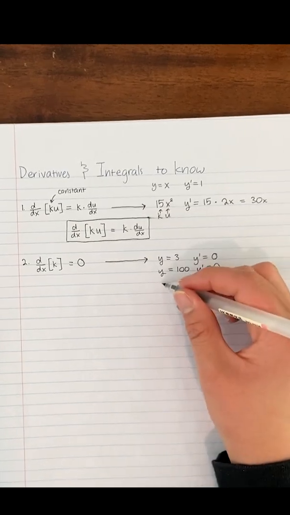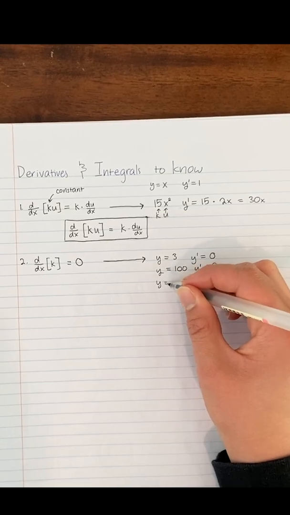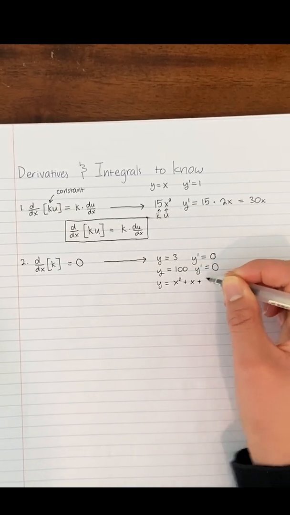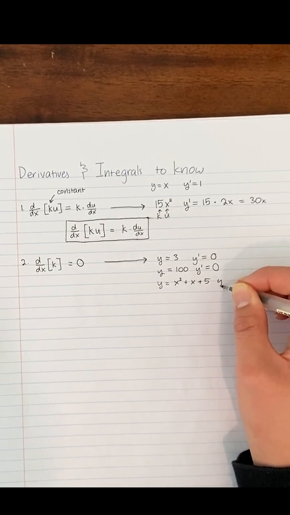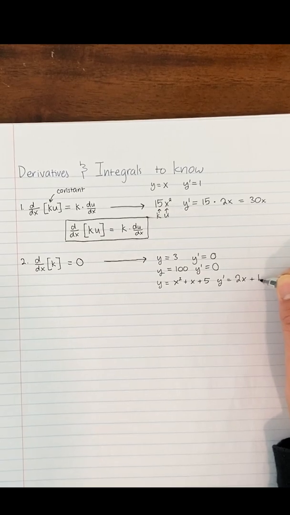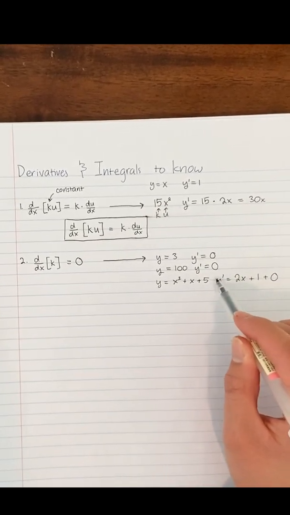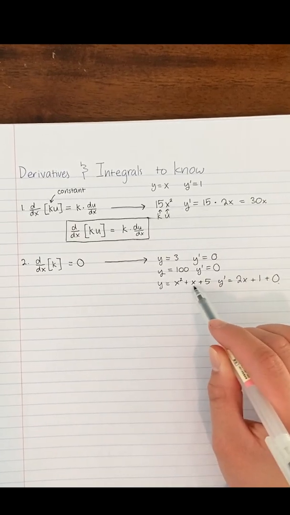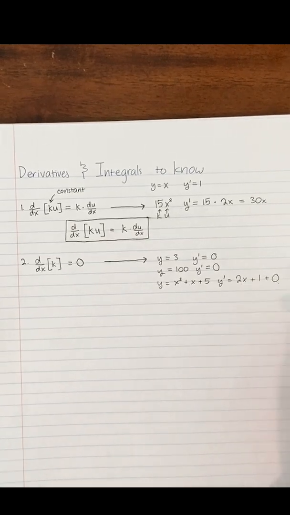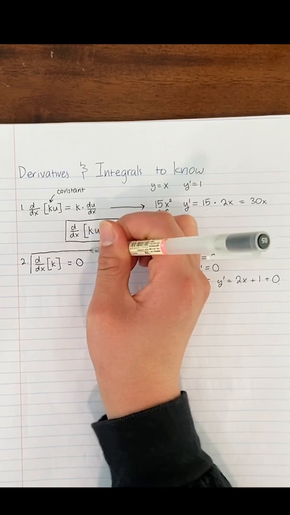So in an equation, say y equals x squared plus x plus 5, the derivative is 2x plus 1 plus 0. Remember, 5 is the constant, so this is 0. The derivative of x is 1, and x squared turns into 2x. Hopefully that made sense.